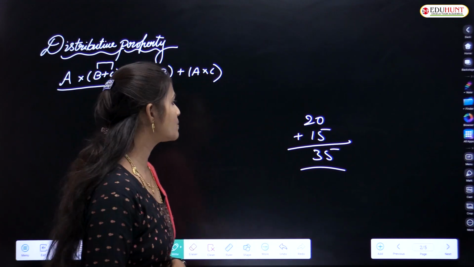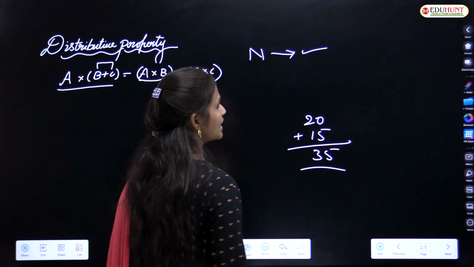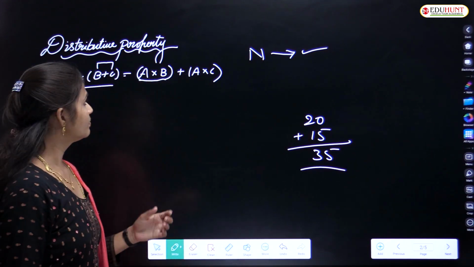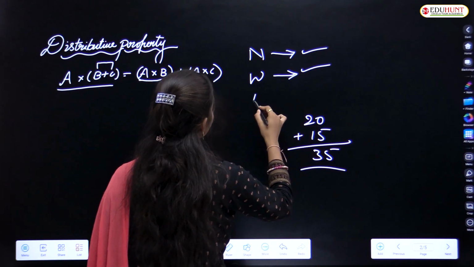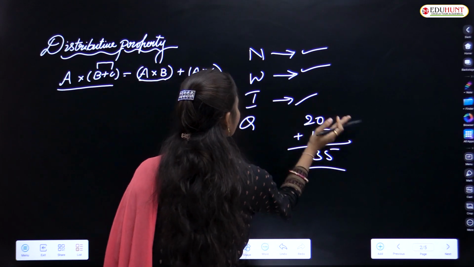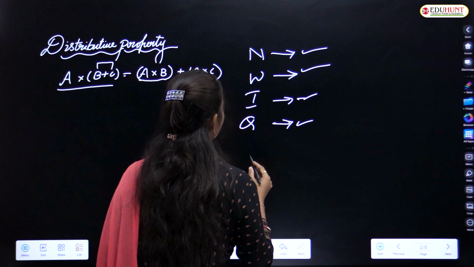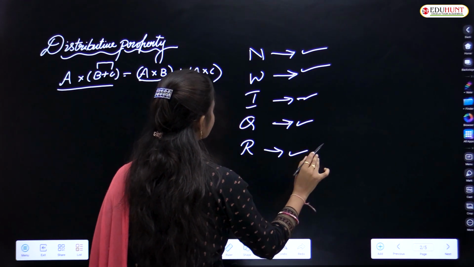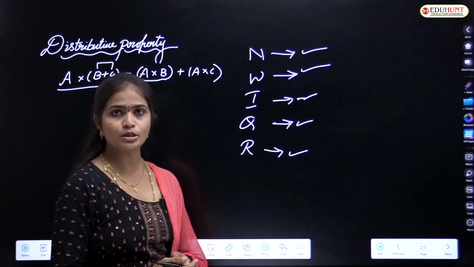So does it satisfy under natural numbers? Yes, under natural numbers it will be satisfied. Okay, next whole numbers, if you take whole numbers then also it satisfies. Next integers also satisfy. Next rational numbers also satisfy, as well as real numbers. So the distributive property is satisfied under all types of numbers.